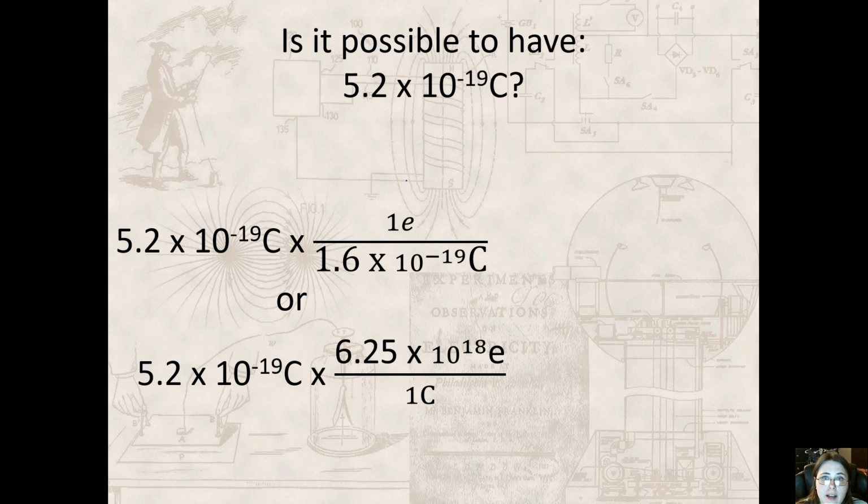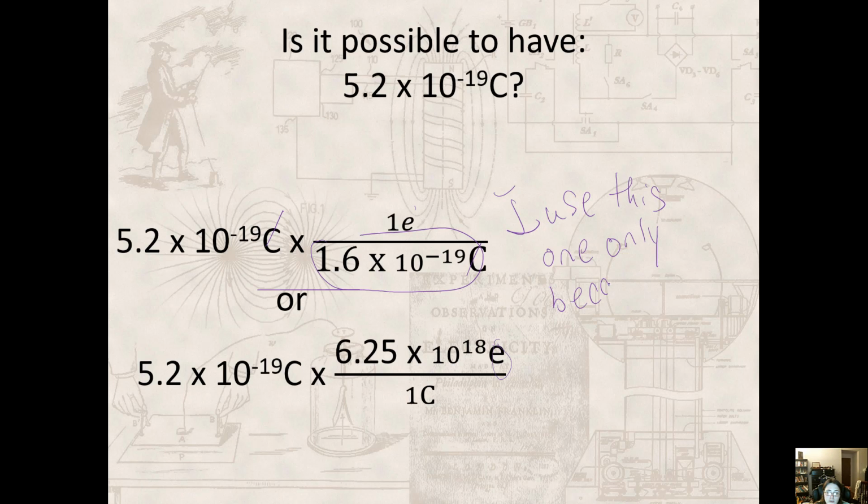So is it possible to have 5.2 times 10 to the -19th coulombs? So you take the 5.2 times 10 to the -19th coulombs, multiply it by 1 electron divided by 1.6 times 10 to the -19th coulombs. This cancels out. Or you can do the same thing with the 6.25 times 10 to the 18th elementary charges is 1 coulomb. I always use this one, only because I like to stick with one thing.